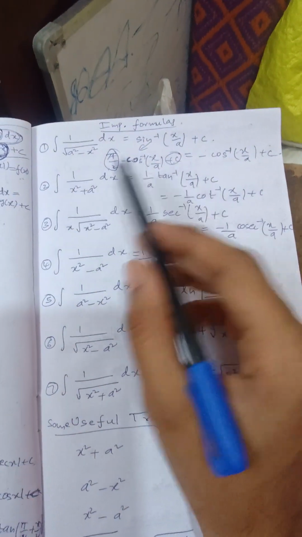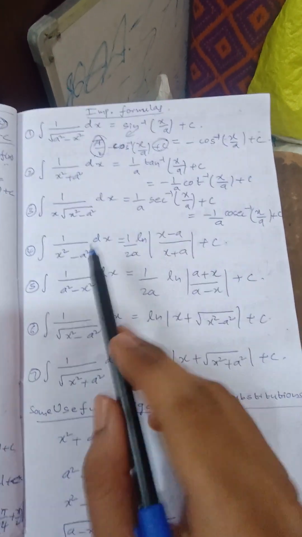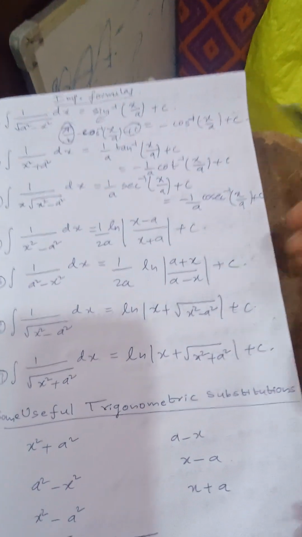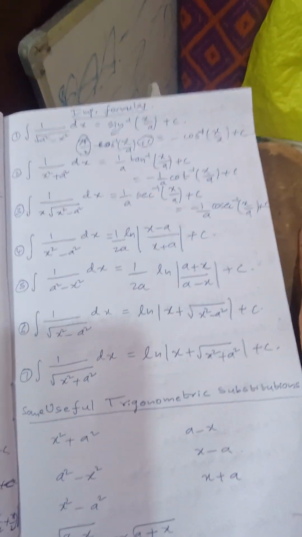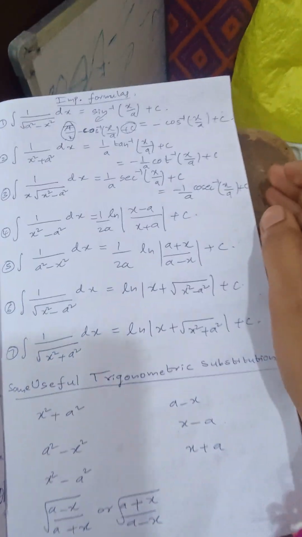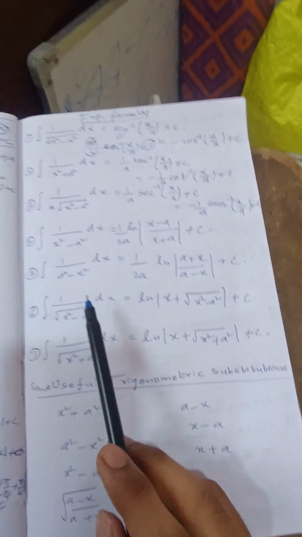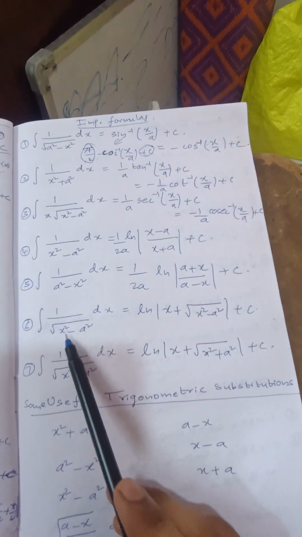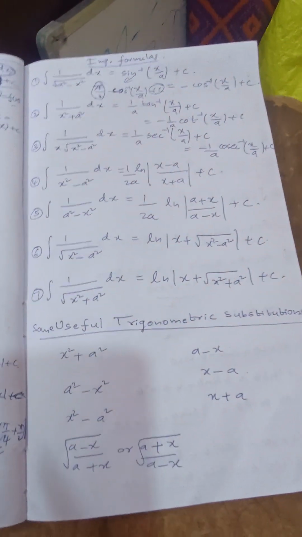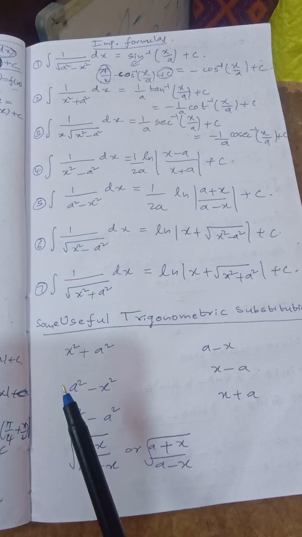So how am I able to write these formulas? How did these formulas get derived from this question? How has this formula evolved? In order to solve this kind of integration and to get these answers, we need to know some useful trigonometric substitutions.